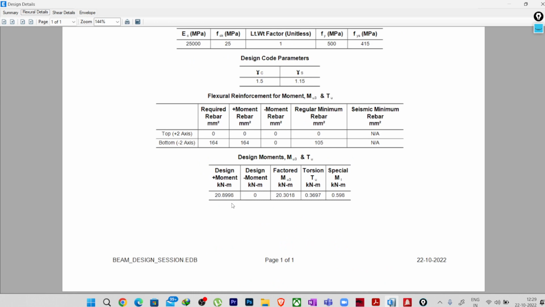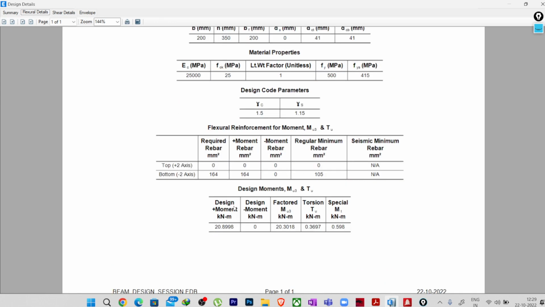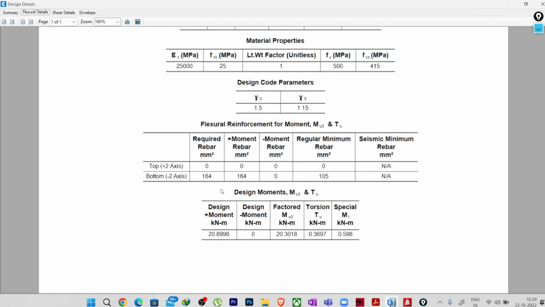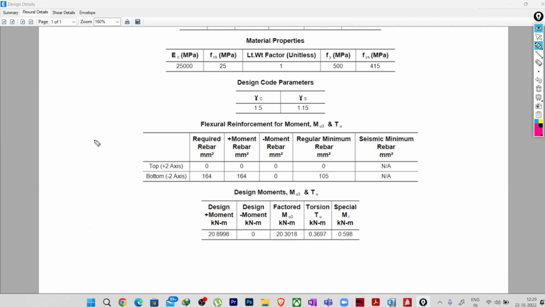Is it given here or not? I think percentage is not given. You can directly find out from here what is the percentage of reinforcement provided. 164 mm square. What is the percentage of reinforcement?